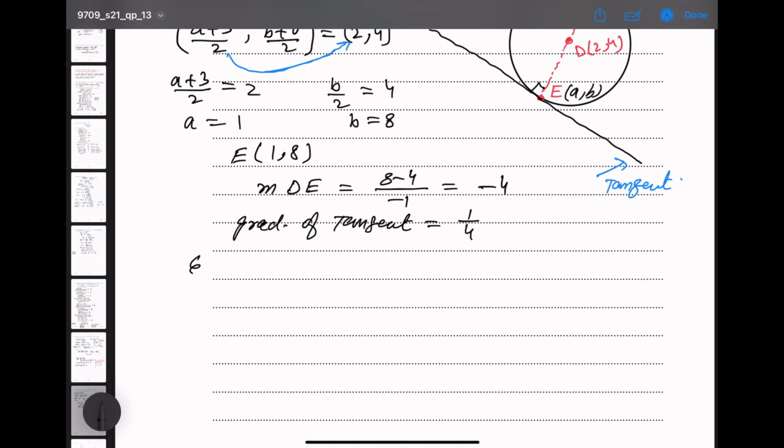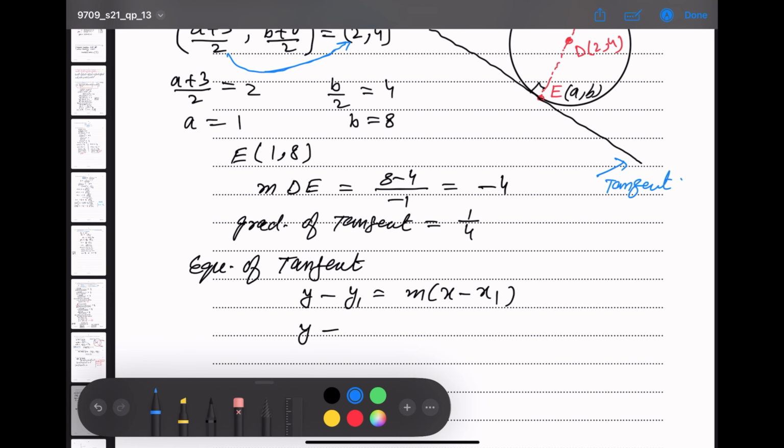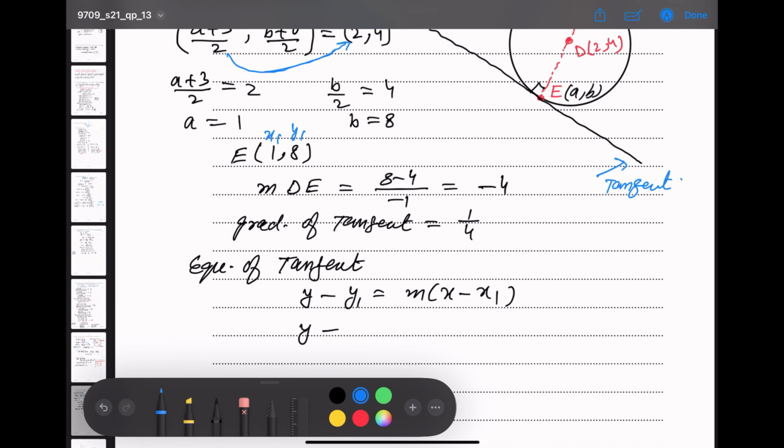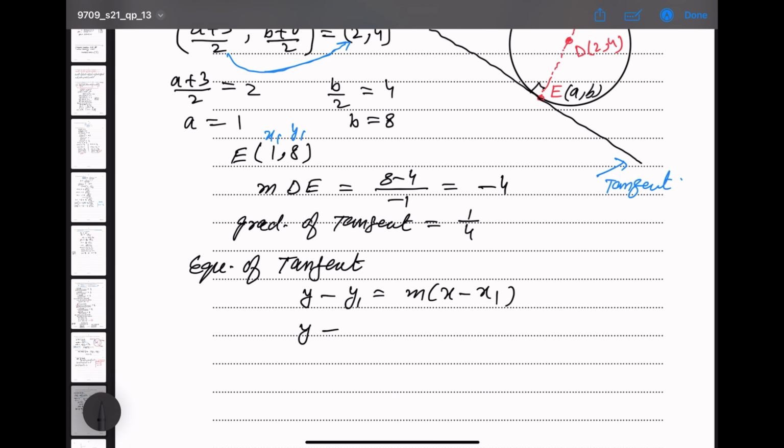So the equation of the tangent: y minus y1 is equal to m times x minus x1, where x1, y1 is point E. So this becomes y minus 8 is equal to 1 over 4 times x minus 1.